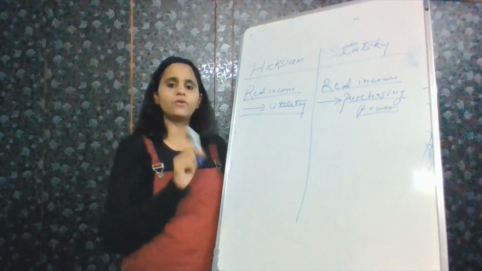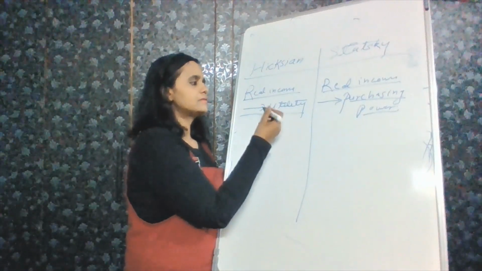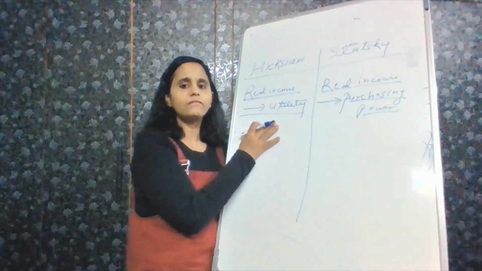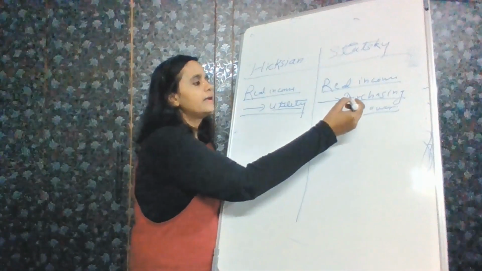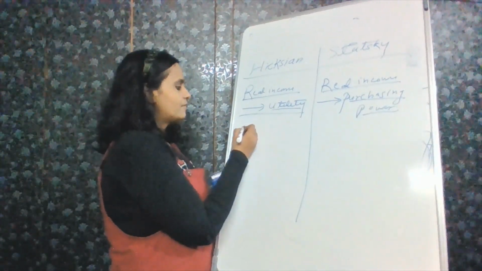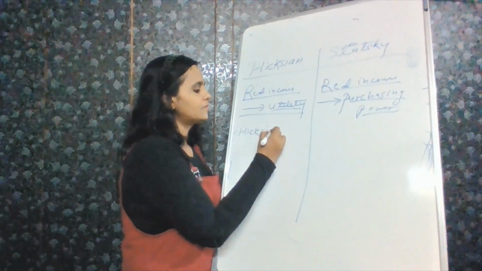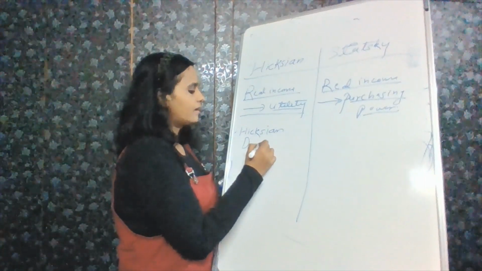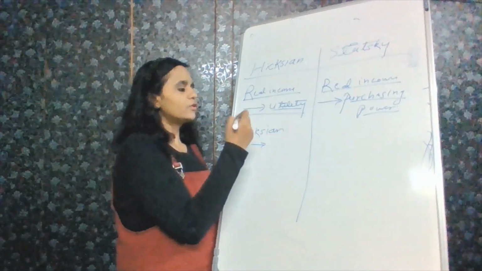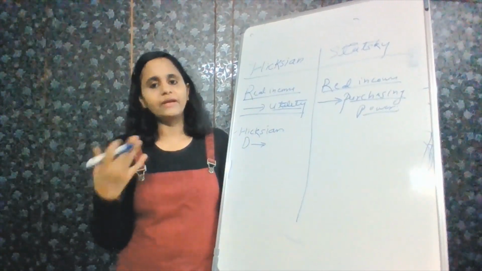When you derive it, you will see that Hicksian is assuming that your real income is always measured in terms of utility. In Slutsky, it is purchasing power. So when you derive your Hicksian demand curve, which is your compensated demand curve, it will depend on your price and your utility, because usually you derive your demand in terms of price and income.